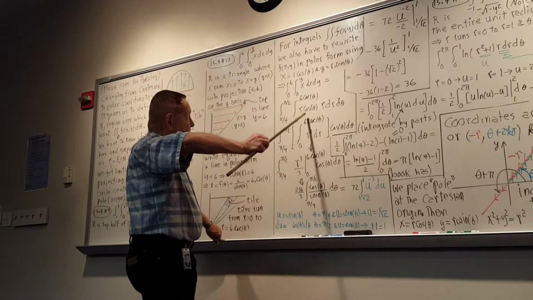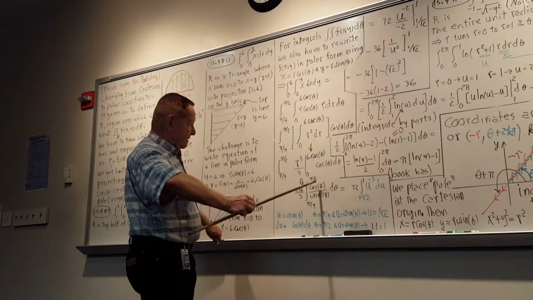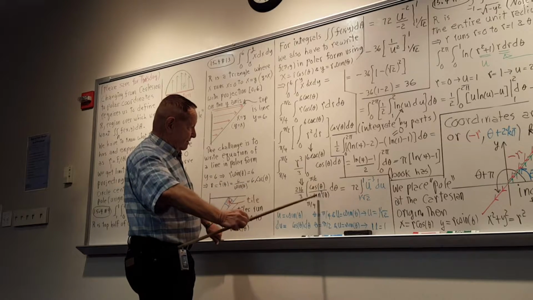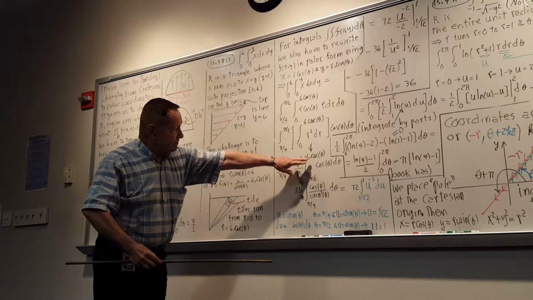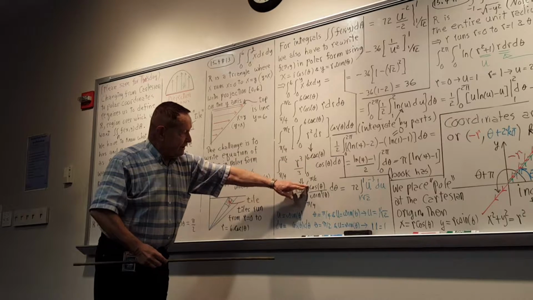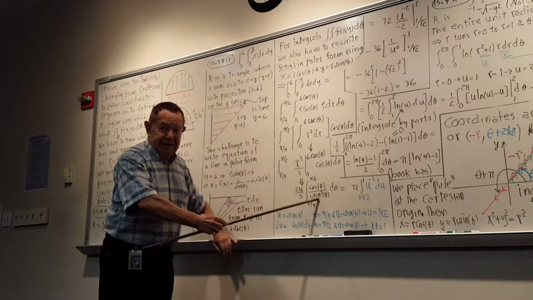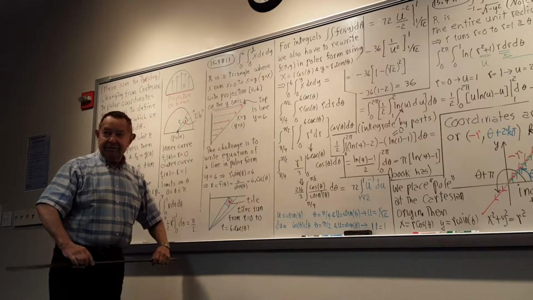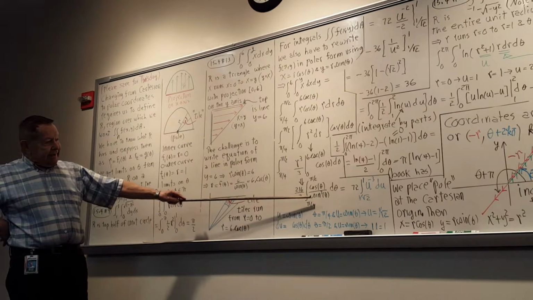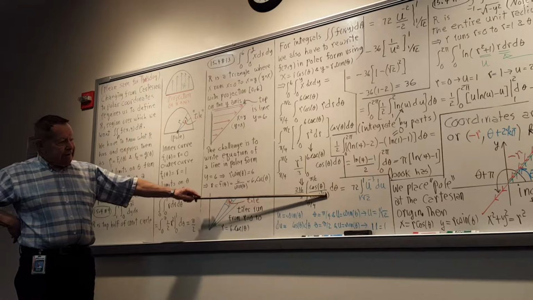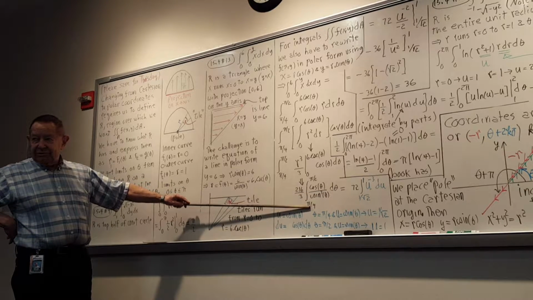And you have the cosine from the x, and then cosecant is 1 over the sine. So instead of writing cosecant cubed, I wrote it as 1 over the sine and wrote sine cubed in the denominator. The reason for that is that I'm going to do a u substitution.